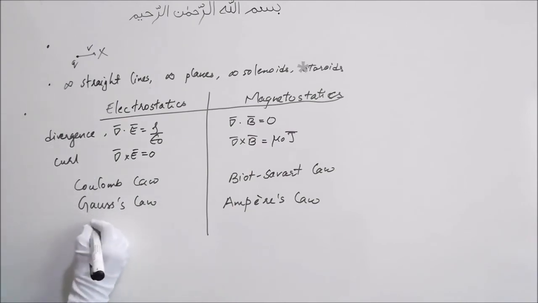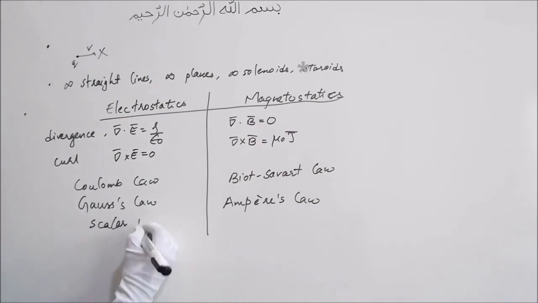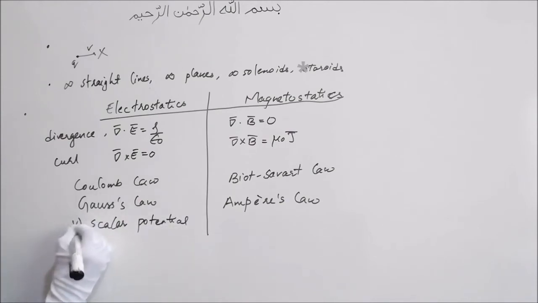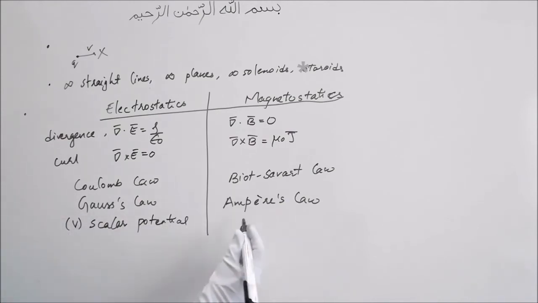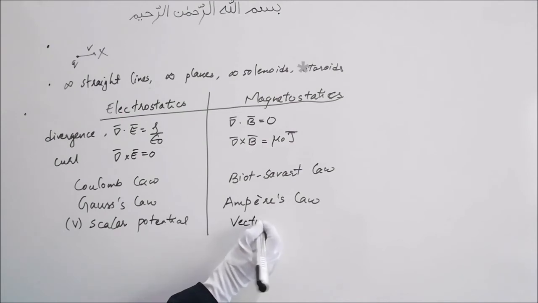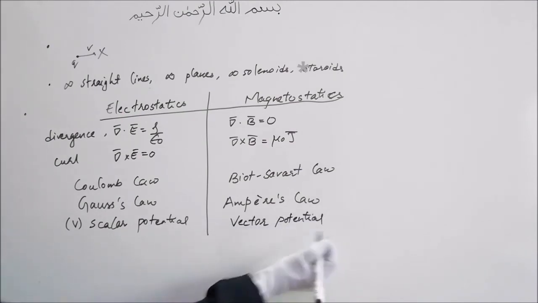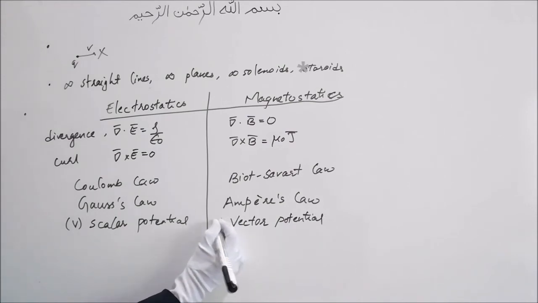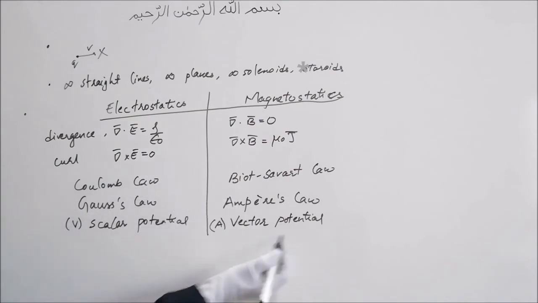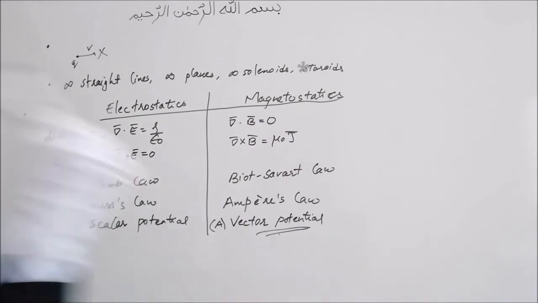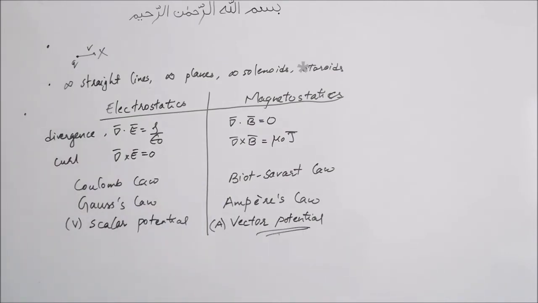And in electrostatics, we had the scalar potential, which was a scalar quantity V. In magnetostatics, we have a vector potential, which is a vector quantity represented by A. We have seen all of this except the vector potential yet. Let's look at the vector potential now.